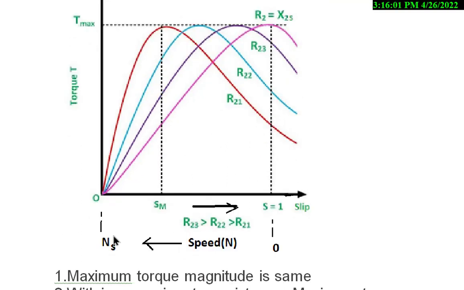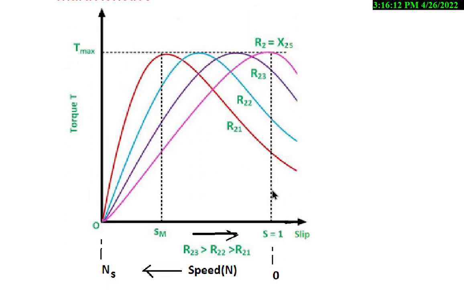So at high speed the torque is 0, whereas at low speed, that is 0 speed, the starting torque is decided by the rotor resistance like this. For low resistance, this is the starting torque. For further resistance increased, the starting torque will increase. Further resistance increasing in the rotor circuit increases starting torque like this.